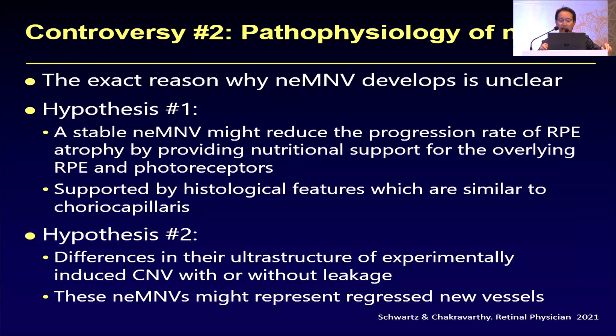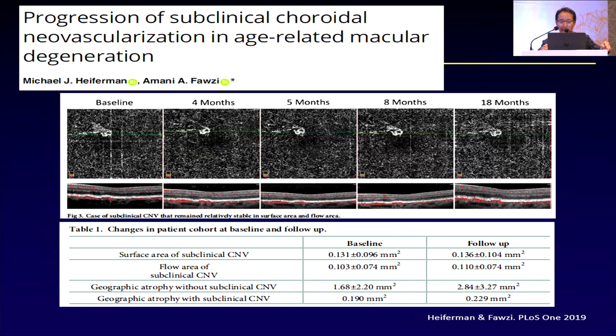The second hypothesis is that these are CNV which developed and then regressed, as seen in experimentally induced CNV lesions with or without leakage.